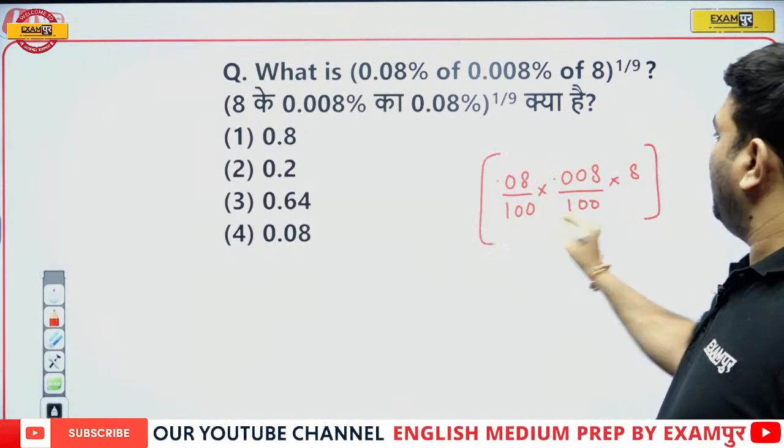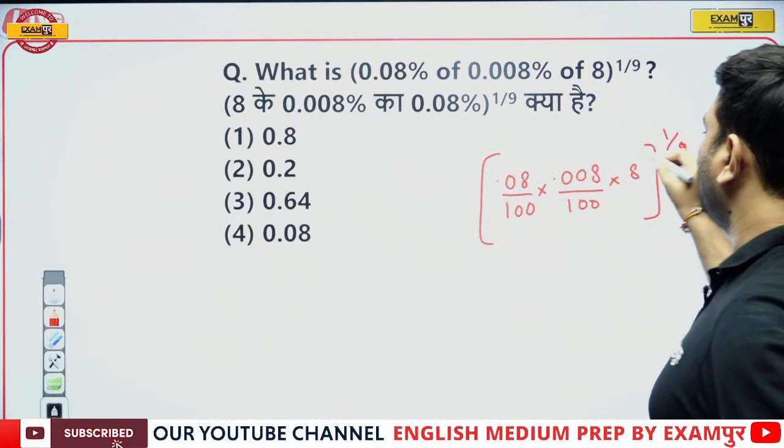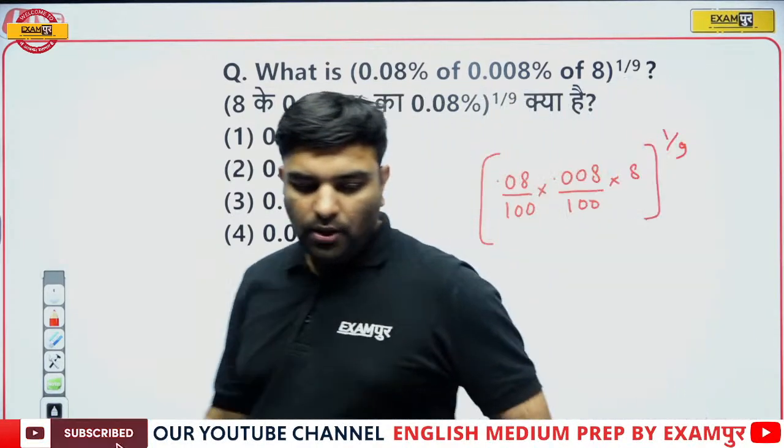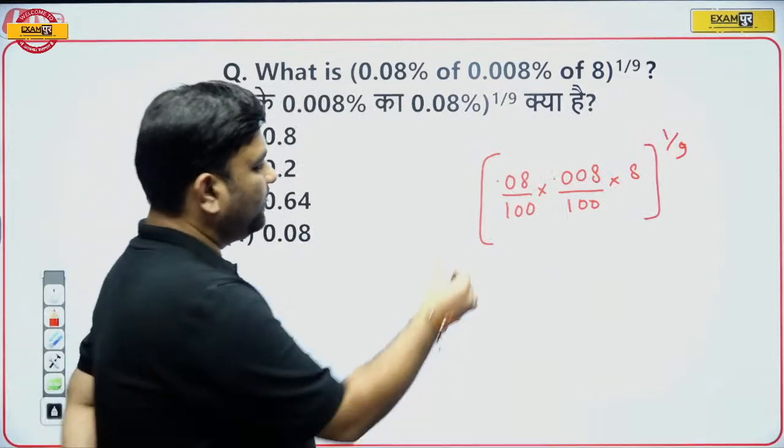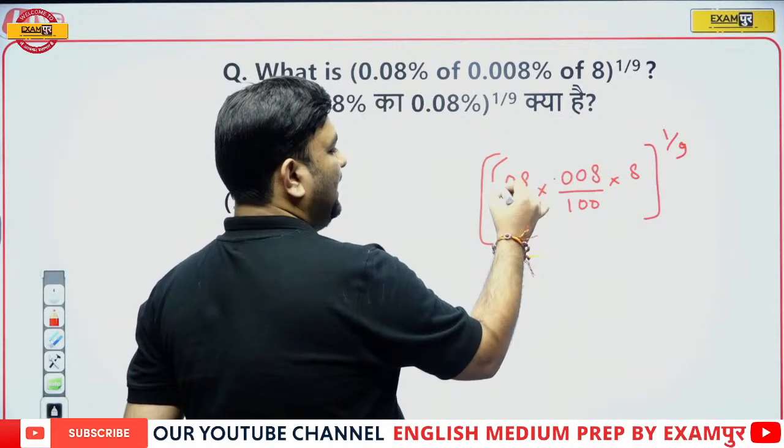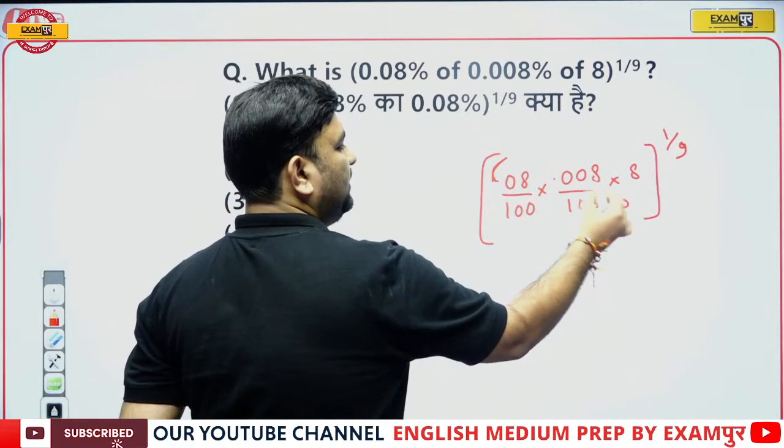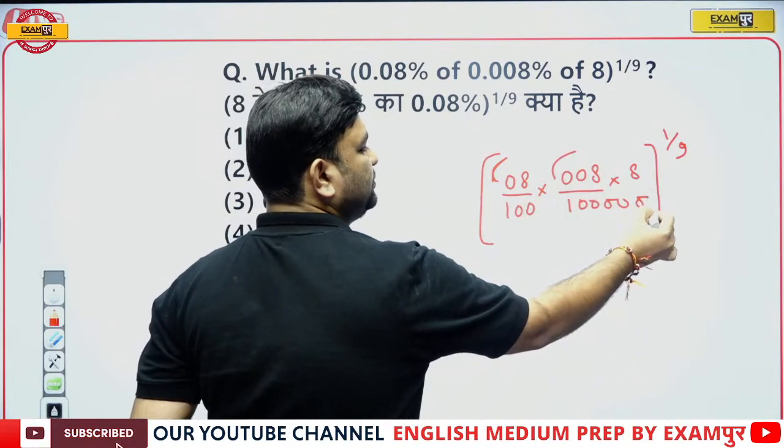Ninth root of it. Eliminate the decimals, 2 zeros, 3 zeros.